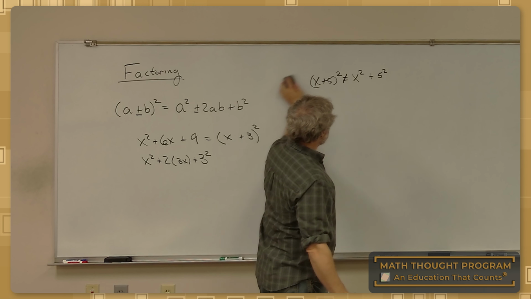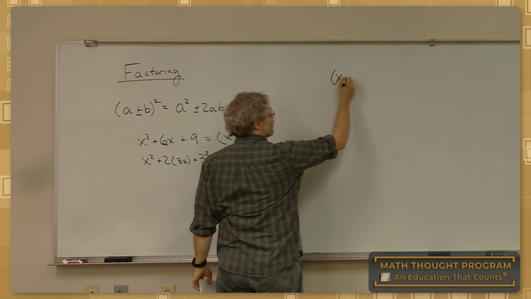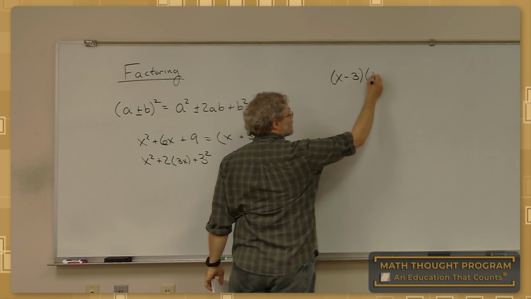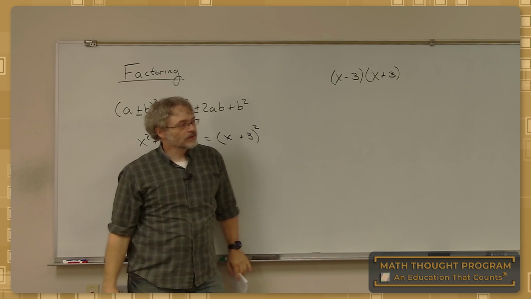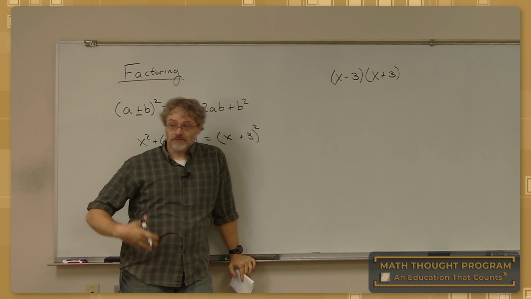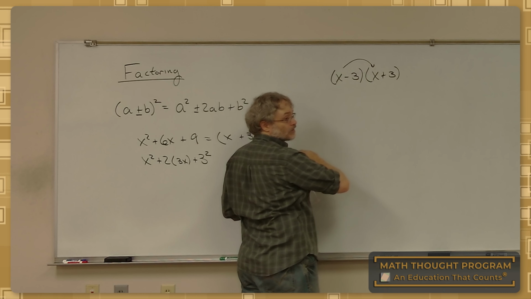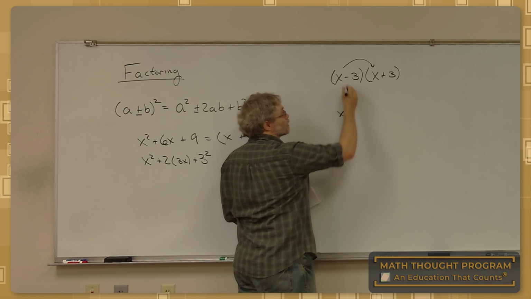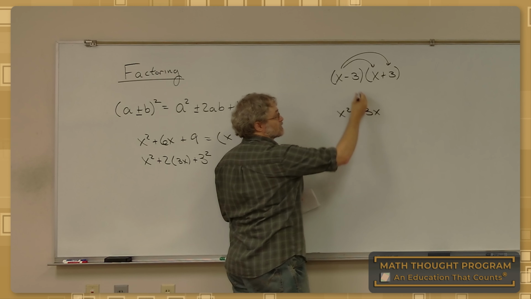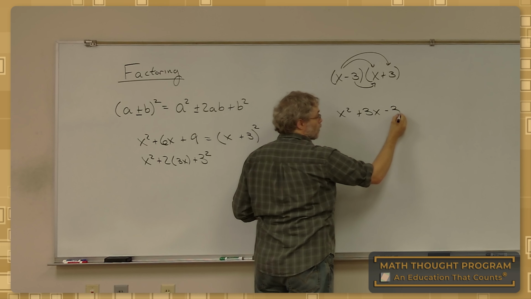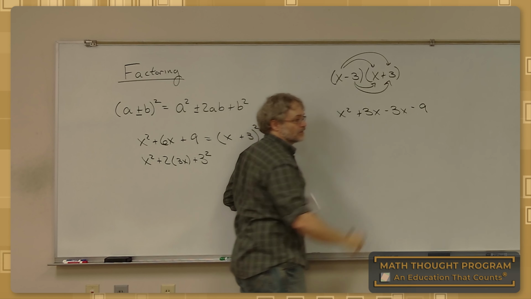Now, let me throw you this. Suppose I have x minus 3 times x plus 3, and I want to expand it out. To expand, I'm talking about foiling. So I take the first term, I'll have an x squared, 3x, minus 3x, minus 9.